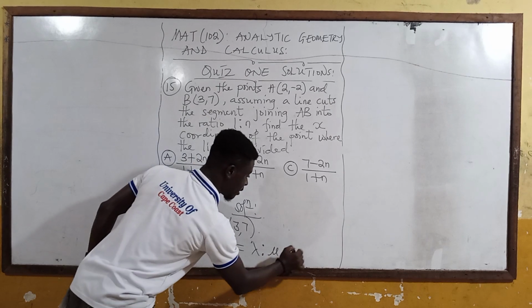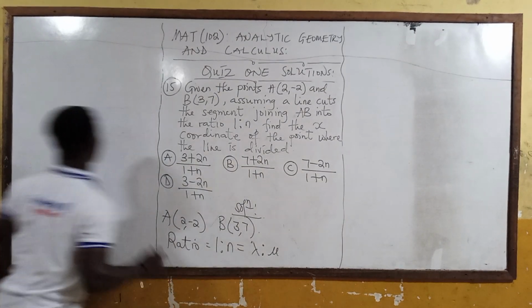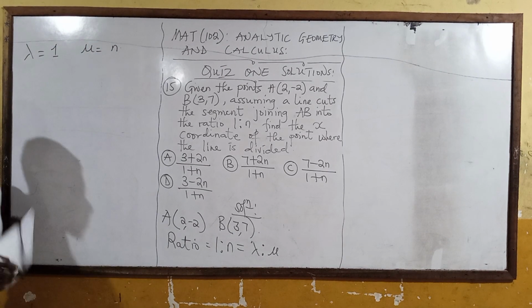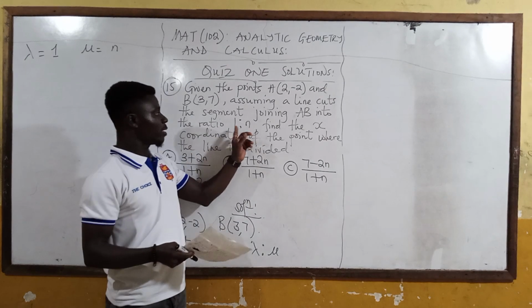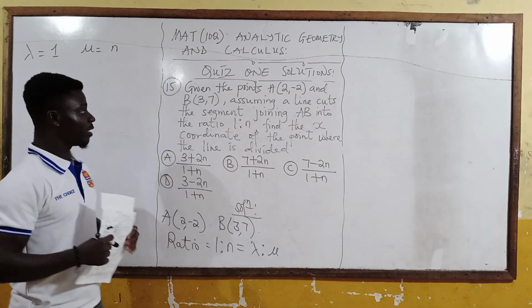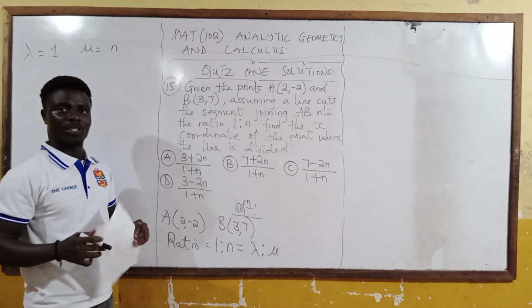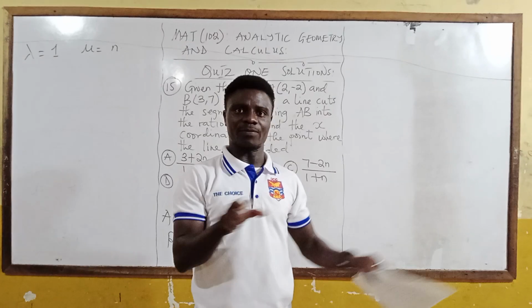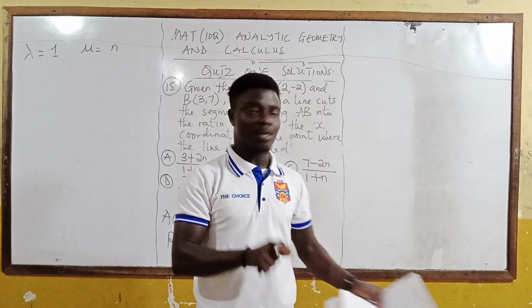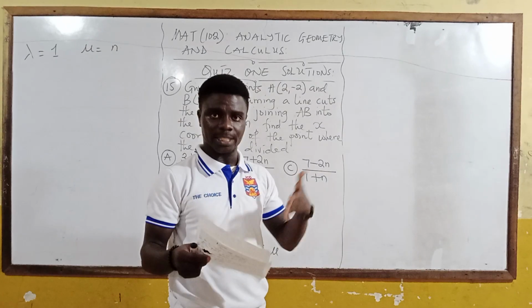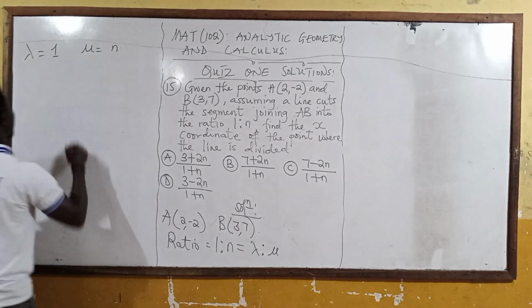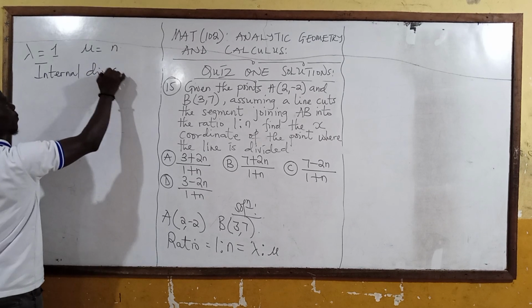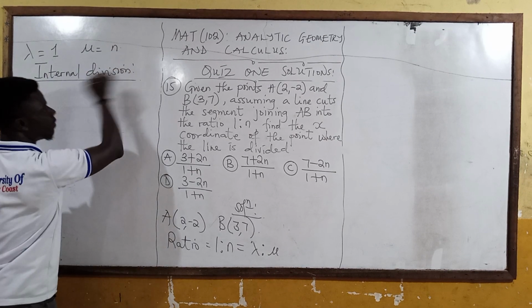So we can say that our lambda is 1, then our mu is n. They are all positive integers, so we consider the internal division. Don't forget that if they give you a negative ratio, then it means external division. But if you have positive, then it is internal division. So we consider the internal division.